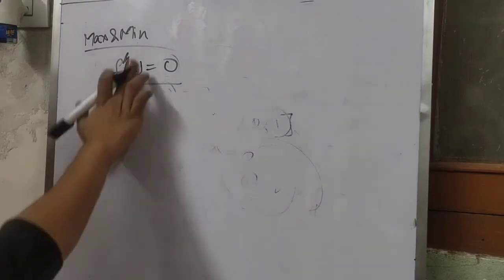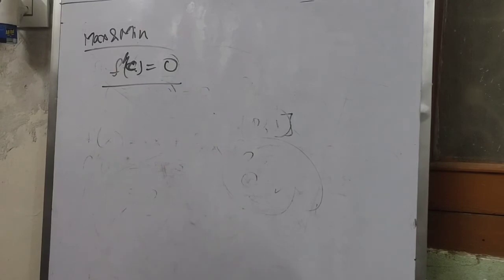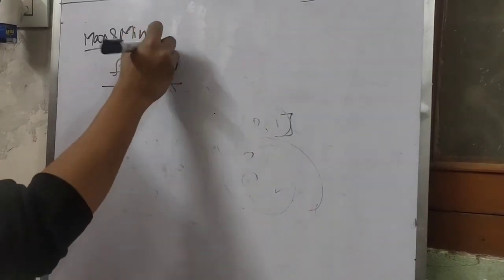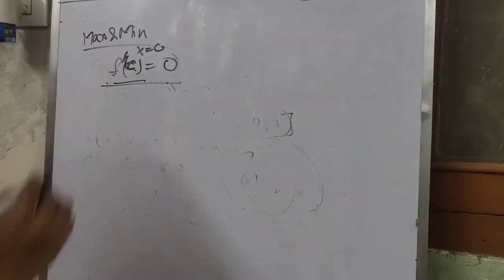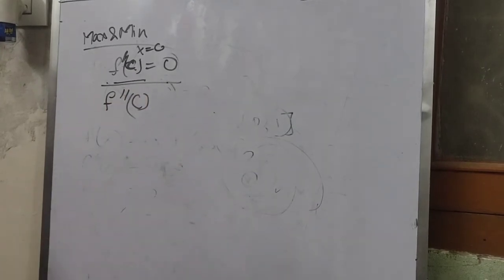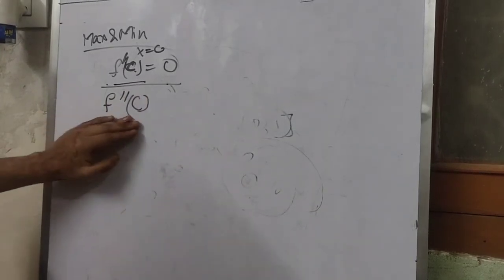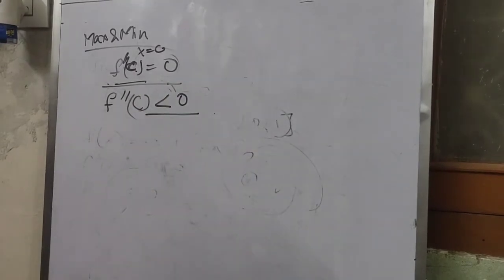So when you receive f dash c equal to 0, that is, if x is equal to c and f dash c is equal to 0, you will take up f double dash c. Now if f double dash c comes out to be less than 0, then I say that I am having a local maximum value of f.